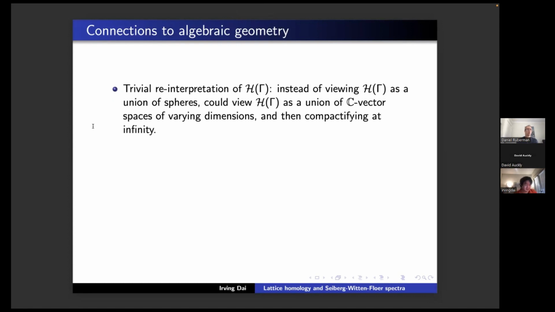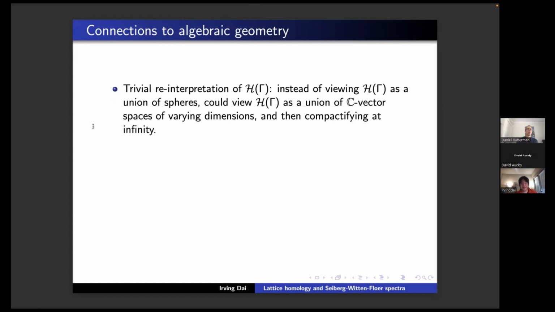There's a slightly different reinterpretation of the construction that I've given you, which is the following. Previously I gave you the example of sigma(2,3,7), where I told you to take two copies of S2 and glue them together along the north and the south pole. That gives you the picture that I gave before.